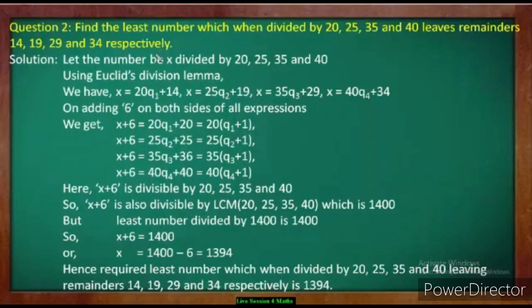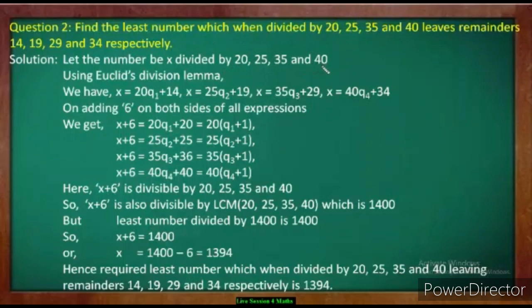Let me explain here. We have to find the least number which will divide 20, 25, 35 and 40 and leave the same remainder. So let the number be x, divided by 20, 25, 35 and 40.